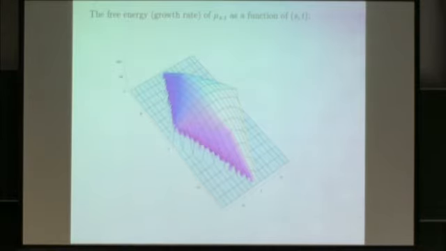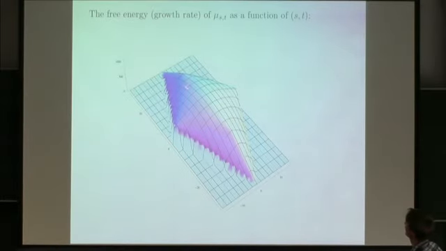So I don't know if you can tell from this picture, but there's something interesting going on here and there. There's two points where this function, this entropy function, is non-analytic. Can you tell? You can kind of tell vaguely. Right? One here and one over there.